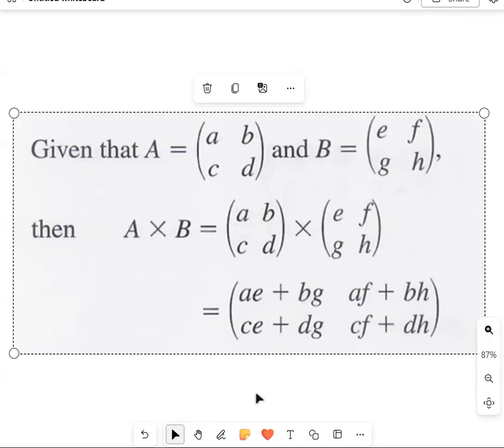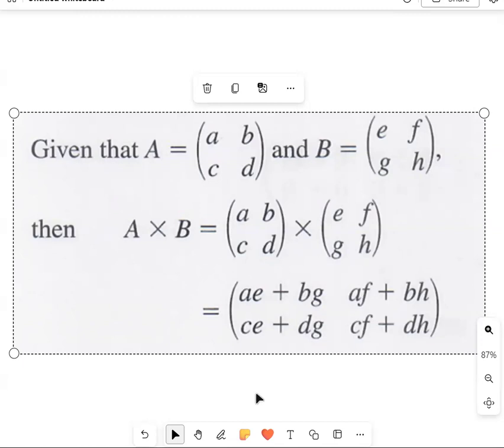Let's say you're given matrix A, which is A, B, C, D, and another matrix B, which is E, F, G, H, and you want to find A multiplied by B. How do you do that? Notice how it's done.